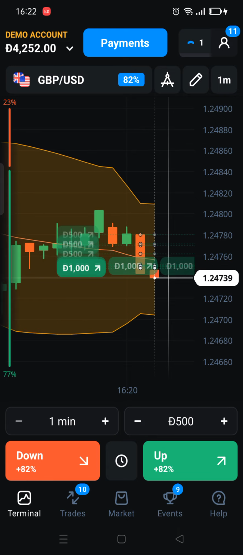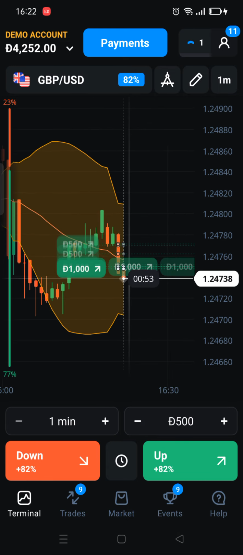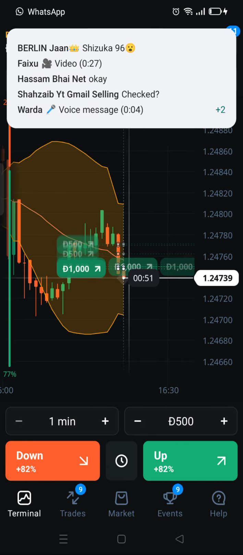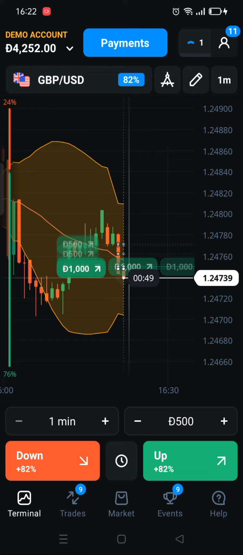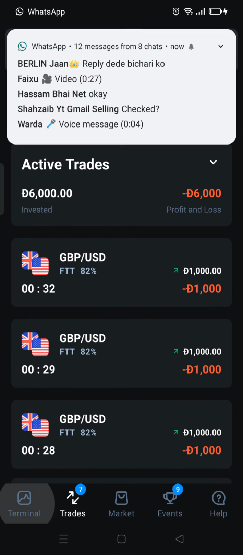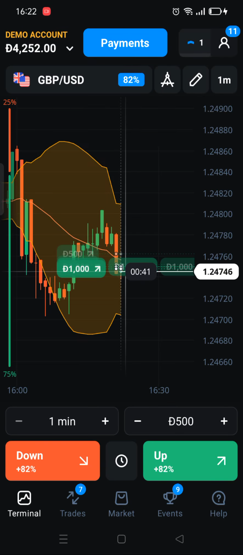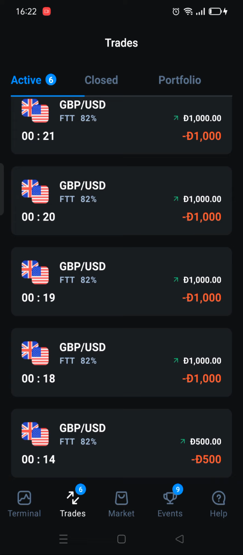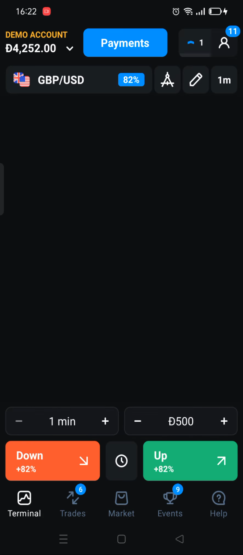Okay, that's a risk, guys, so please don't try this. I tell you, don't try this because it's very risky trading.